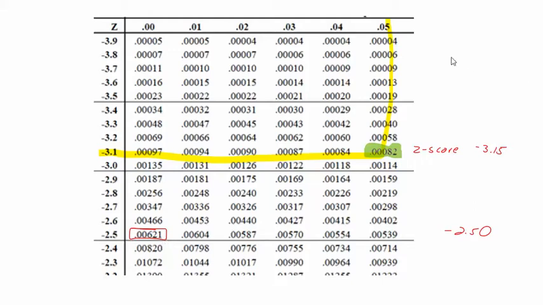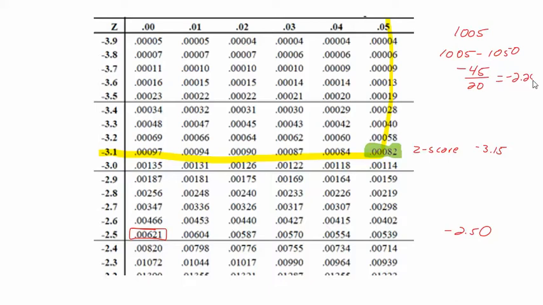So let's say we want to know how many people made less than $1,005. Remember, the average salary was 1,050, so that would be negative 45, or 45 below the mean, divided by 20. That would give us negative 2.25.